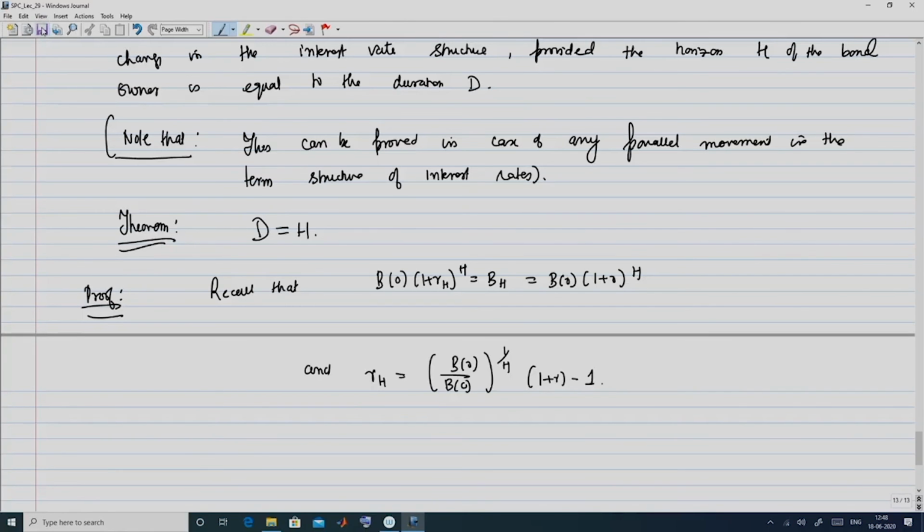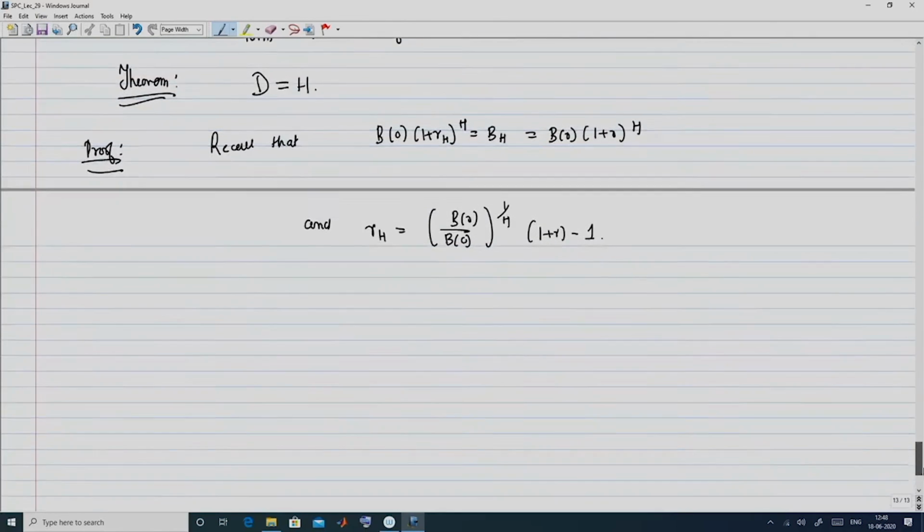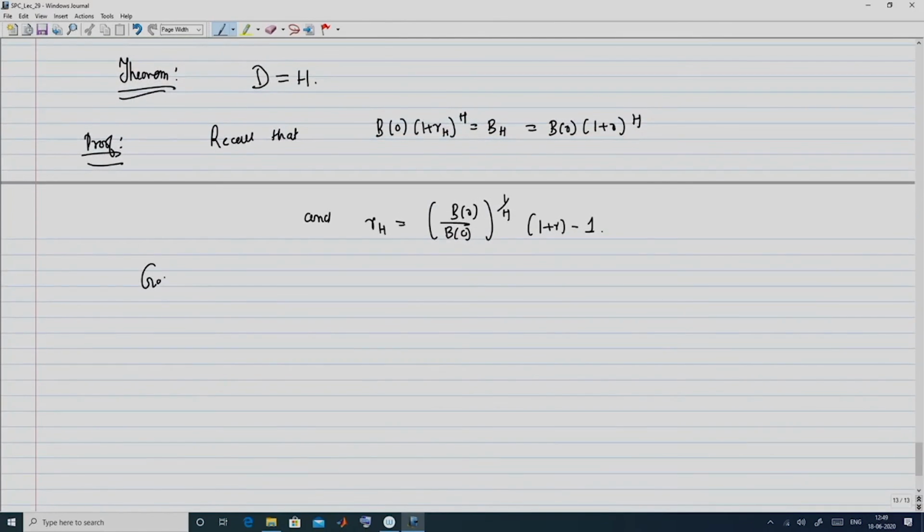So, we recall these two relations. And what is going to be your goal? The goal is to minimize RH, which is equivalent to minimizing BH.